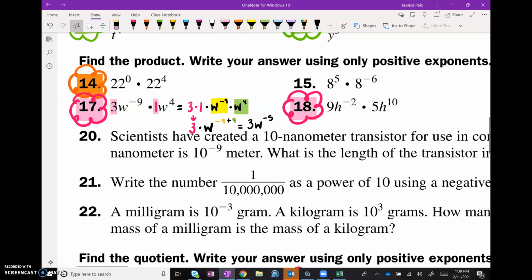Our final answer for number 17 was 3w to the negative 5th power. Before I do this problem, you are going to do this problem based on the examples that we just did. Please rewrite 3w to the negative 5th power using only positive exponents.